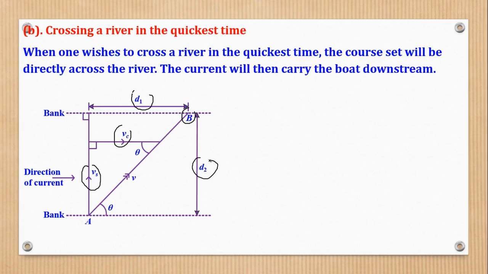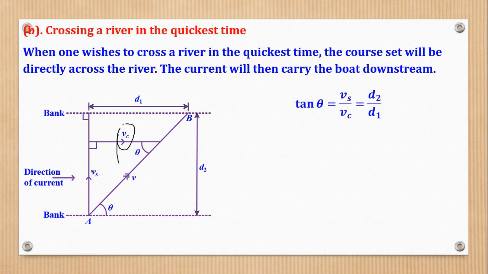And this D2 is the width of the river. So these are two similar triangles. I can use velocities, this and this. Or I can use distances, still they all will give the same ratio.